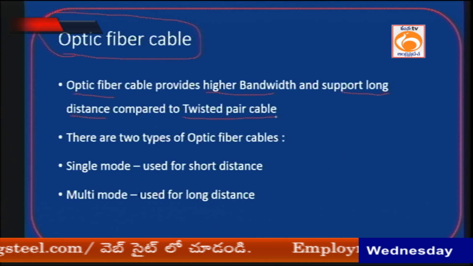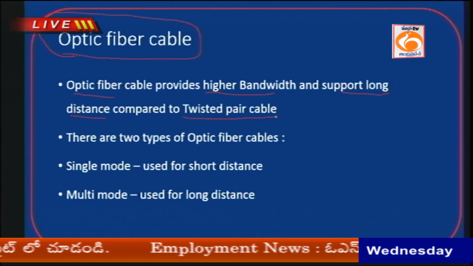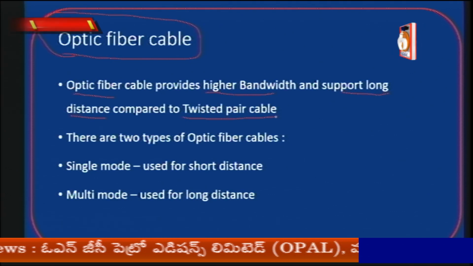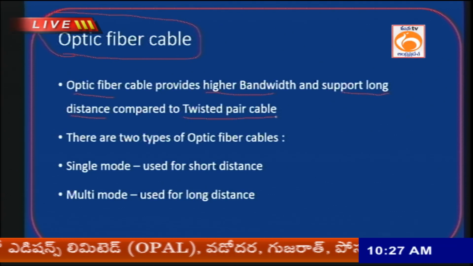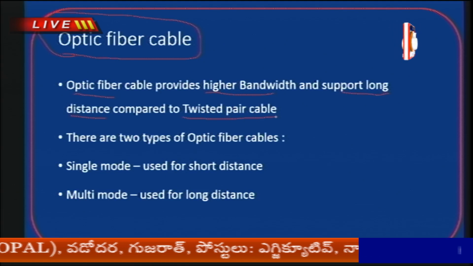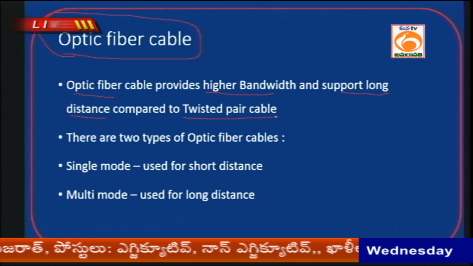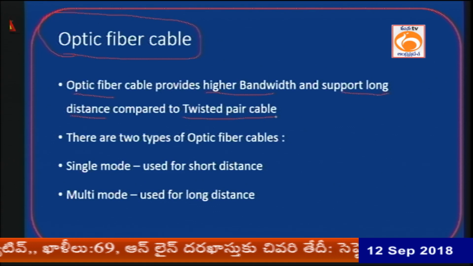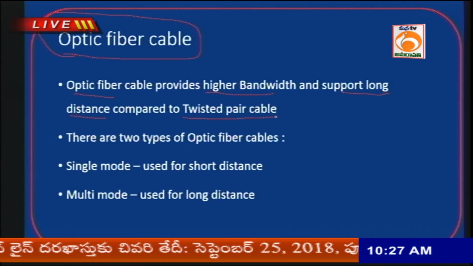Suppose we have to connect two buildings which are more than 100 meters apart, and we want to connect the local area network in building 1 to the local area network in building 2. The UTP cable cannot provide the support because it has a limitation of maximum 100 meters.